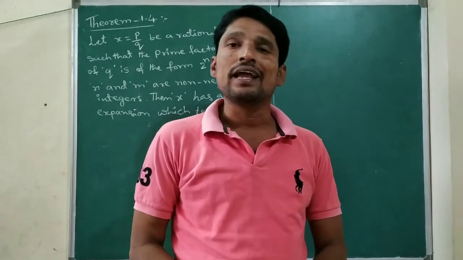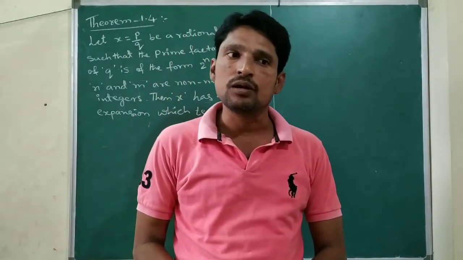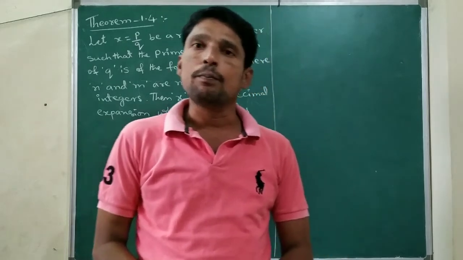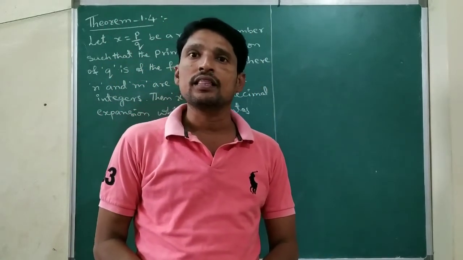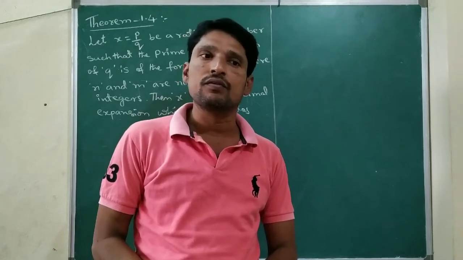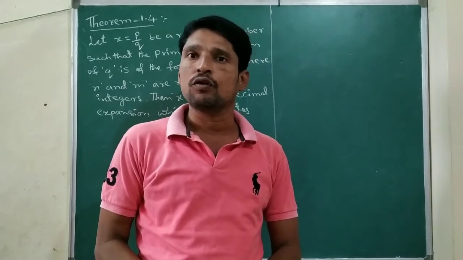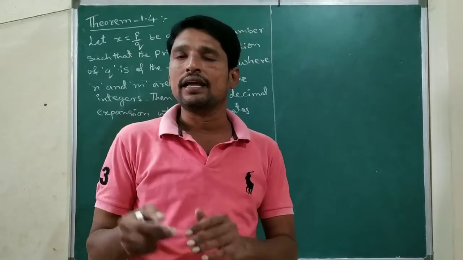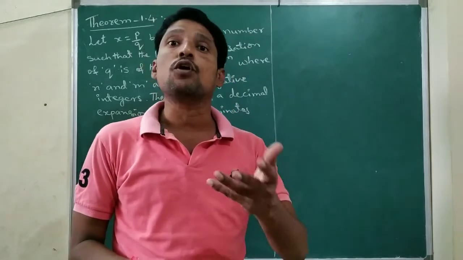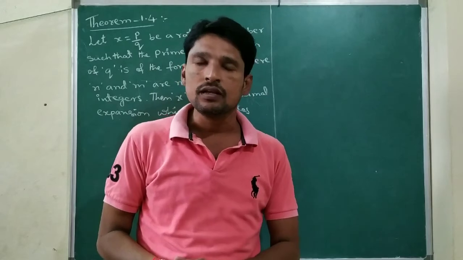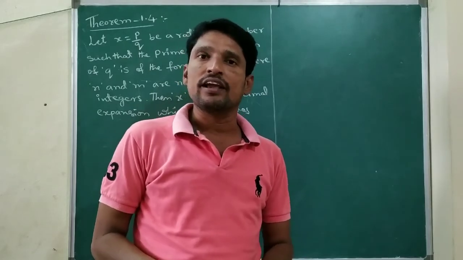So here x is a rational number, it is given, and the prime factorization of q, the denominator, is of the form 2 power n into 5 power m. Here n and m are non-negative integers, which means positive integers. Then x has a terminating decimal expansion.